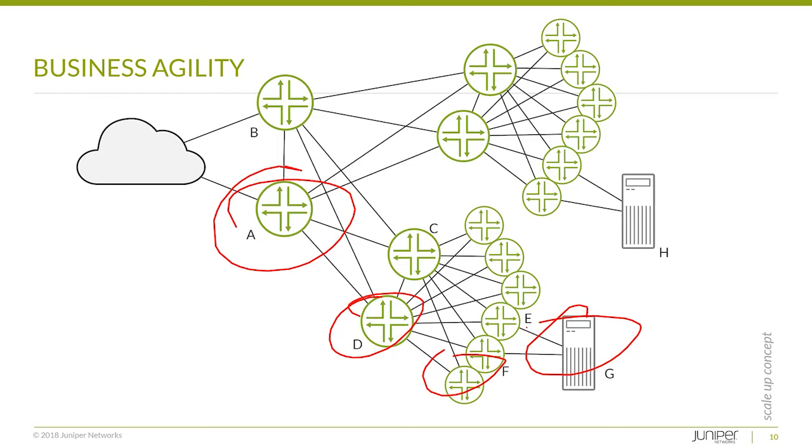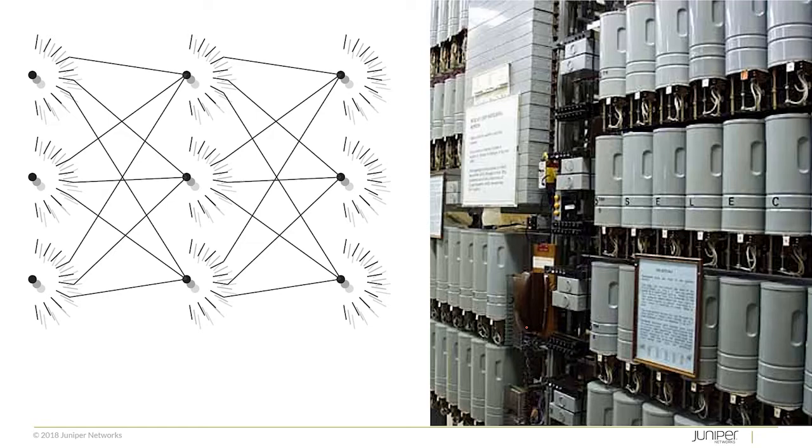Now, another option is to do something called a scale-out model. But to get to the scale-out model, we have to look at something called a Clos fabric or a spine and leaf fabric. So let's begin our examination of Clos or spine and leaf fabrics with something called a Strowger frame. Now, the history of the Strowger frame is quite entertaining.